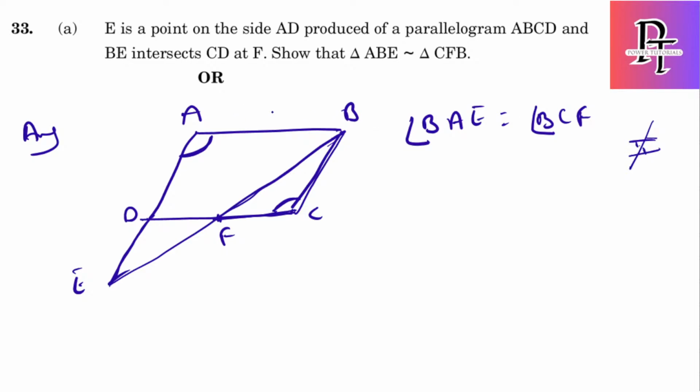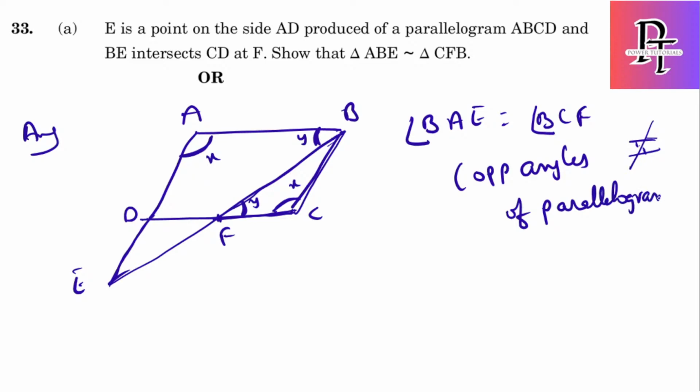If you mark these two as y and these two as x, first I have to mention that opposite angles of a parallelogram are equal. And the second condition which I am writing now is angle ABE is equal to angle CFB.